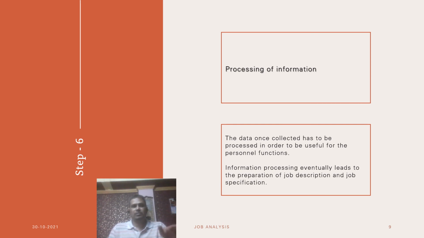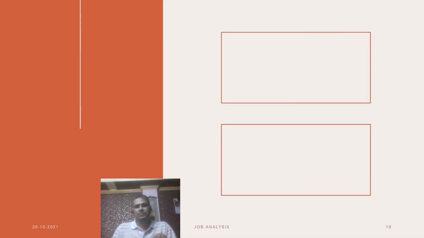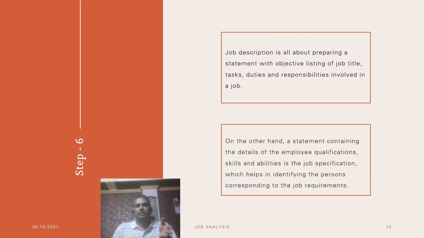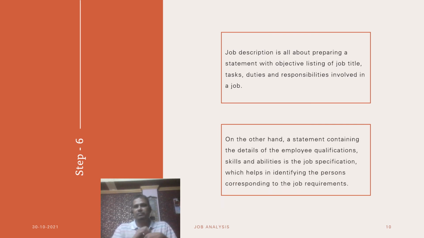Now, job description talks about what the job is, how it is performed, what tasks are involved, the total details about the job. The second aspect is job specification, which talks about what is required to perform those tasks: what kind of qualifications, abilities and skill set are required, might be people requirements, might be other requirements also.